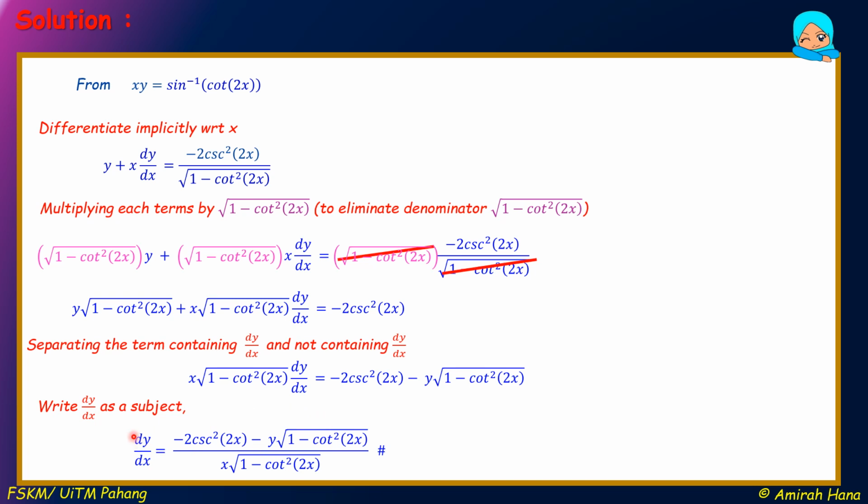So this is our dy over dx, the final answer when we differentiate xy equals inverse sine cot 2x.